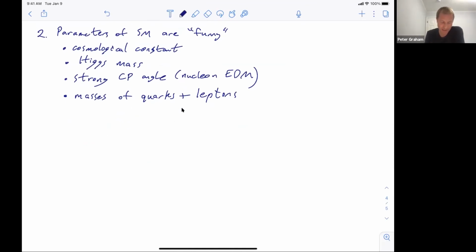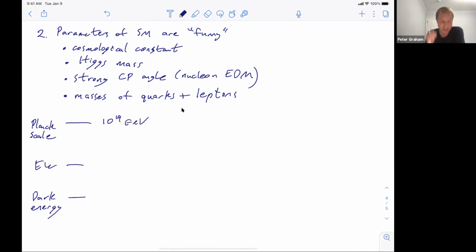To say it in a very cartoon picture, there are three what we think are very basic fundamental scales in nature or in the standard model in our understanding so far, which is the Planck scale, the electroweak scale, and then I would include this scale of dark energy, at least for right now. The Planck scale is around 10^19 GeV.